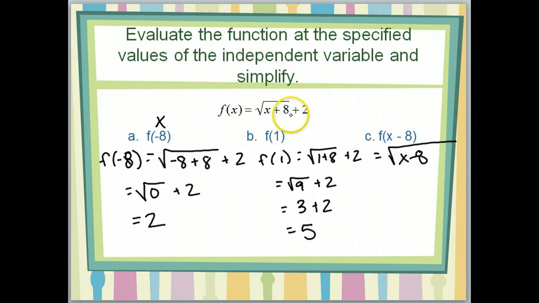Then you still have the plus 8 under the radical, and then we have the plus 2 on the outside. So that's going to end up to be radical x underneath, and then a plus 2 on the outside. So all of the x minus 8, everything in the parentheses, replaces the x in the function.